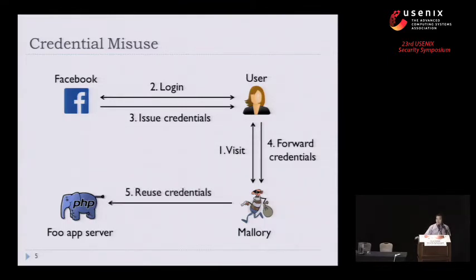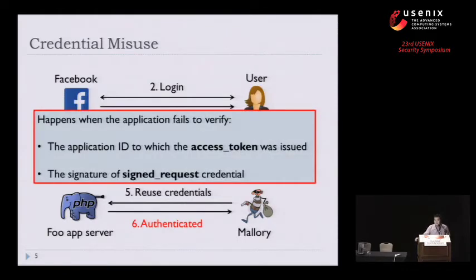Malware will simply try to reuse these credentials, giving them to the Foo application server. And the Foo application server will incorrectly identify Malware as Alice if it doesn't check these two: the application ID to which the access token was issued, or the signature of the signed request credential. If they don't check this, there will be a serious impersonation attack, as seen here.